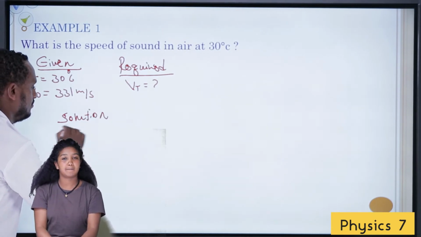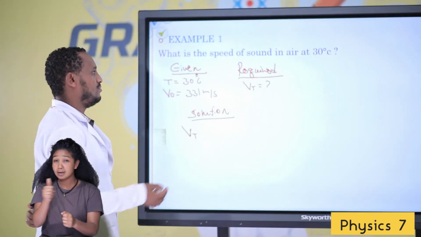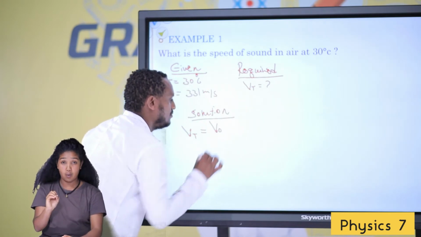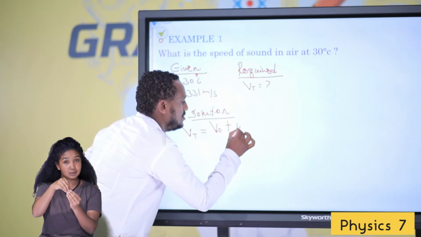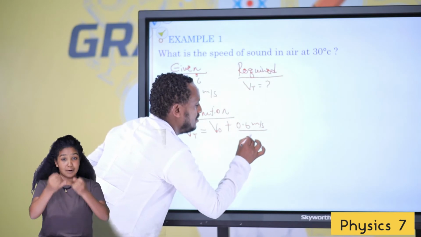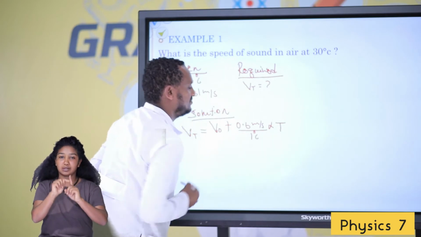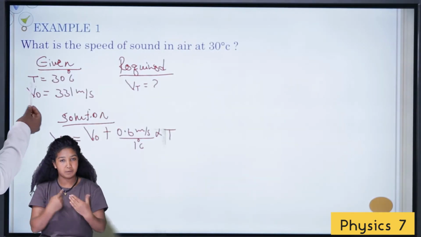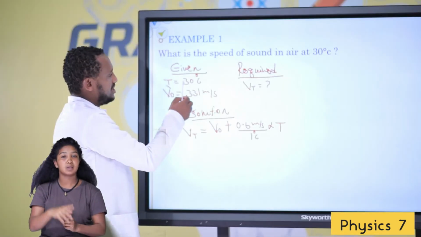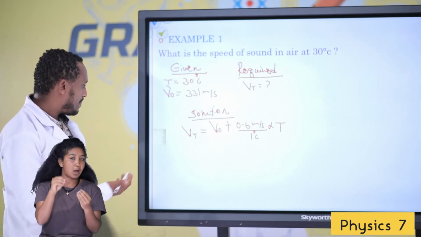The speed of sound at any temperature, which means at 30 degrees, is equal to Vo plus 0.6 meter per second divided by 1 degree centigrade times temperature. We have the speed of sound at 0 degrees centigrade and also the temperature, 30 degrees Celsius, so we can calculate by substitution.